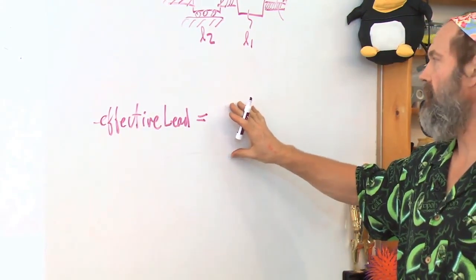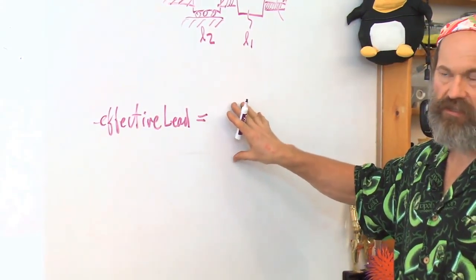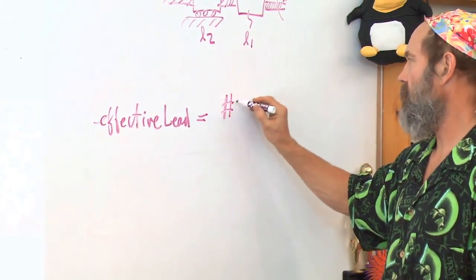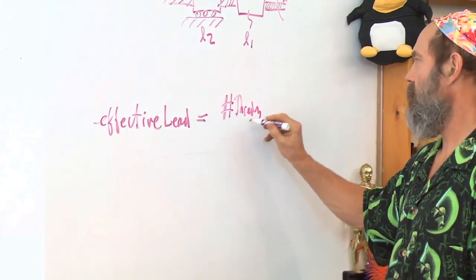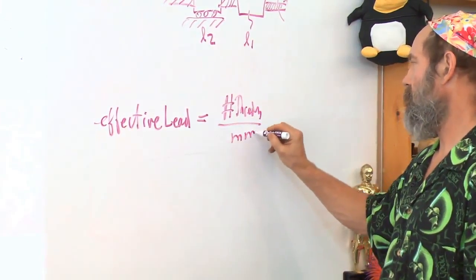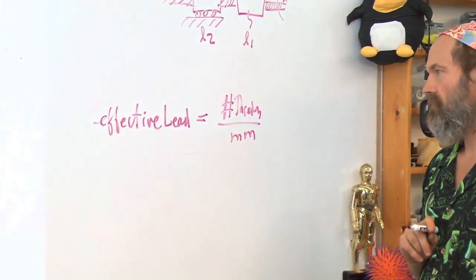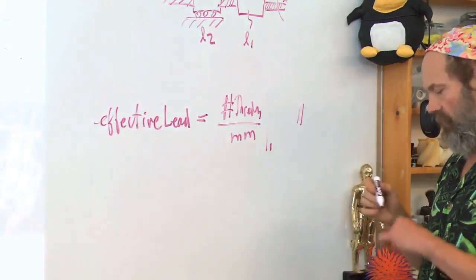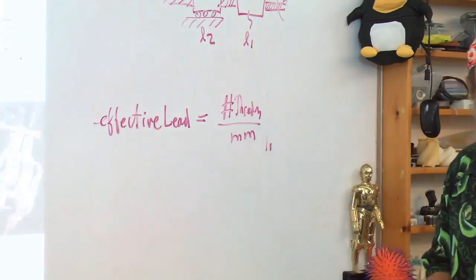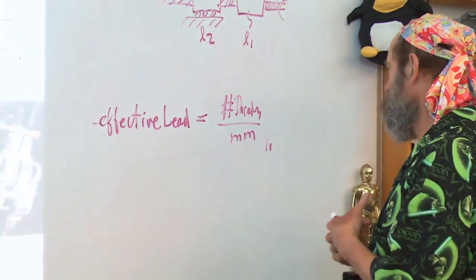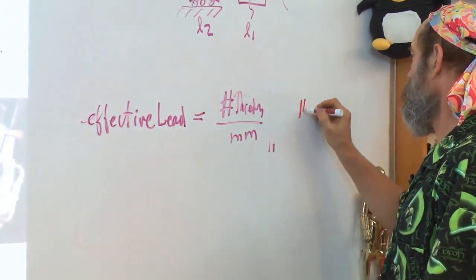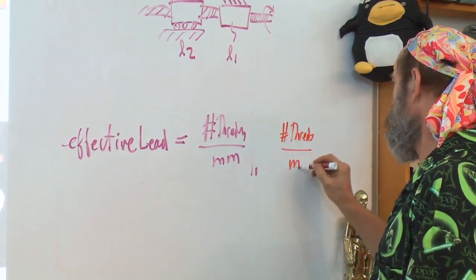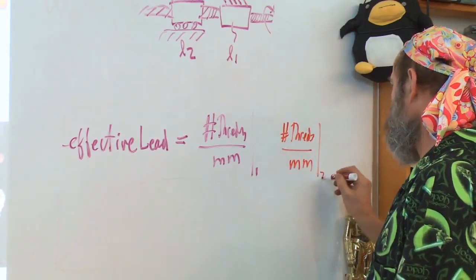What if I had so many threads per millimeter, N1 for the first one, and then some other different number of threads per millimeter, N2, for the second one?